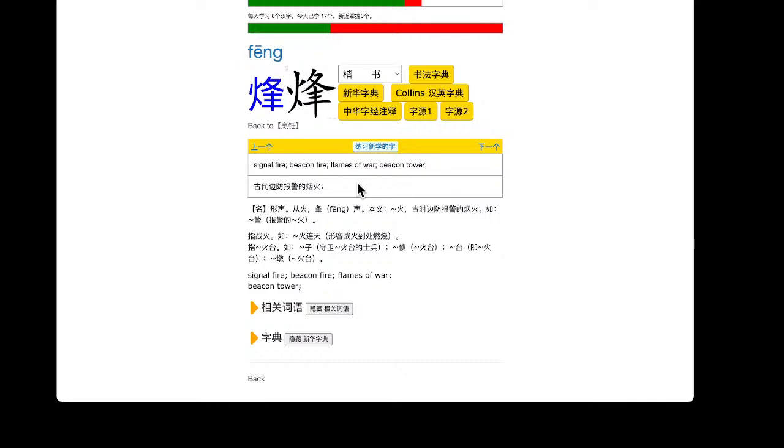Then the next station far away would see that and start a fire to send a signal. That's how they sent a signal quickly to the central government, so they could respond accordingly. So these fires are called 风.